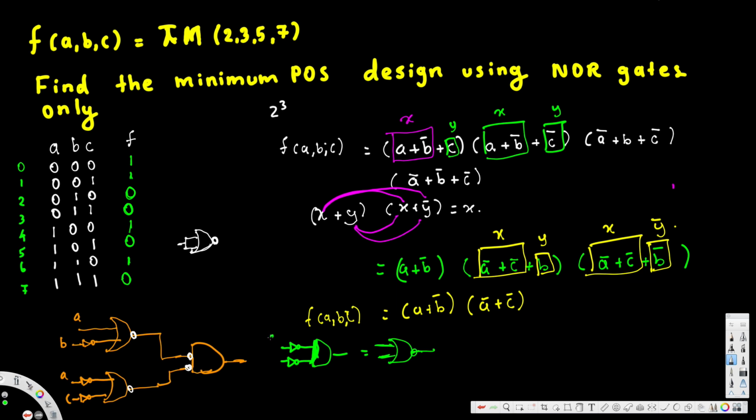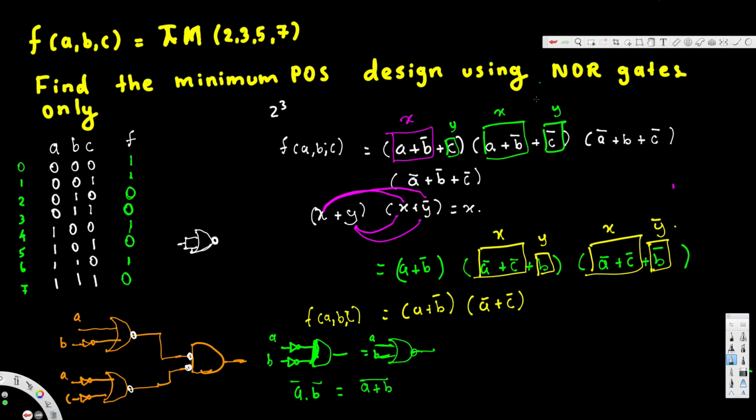Let's say this is AB, and this is equivalent to this one. The equation says A bar dot B bar is equivalent to A plus B, whole bar. That's the equation we are getting right here. We also have another De Morgan's equation, but for this circuit we only need this one because we are trying to change everything into NOR gates.